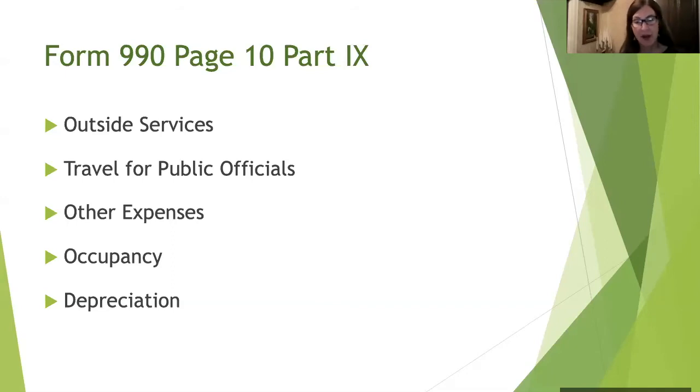They care if you've paid travel expenses for any public officials. And then occupancy, which is your rent, your housekeeping, your utilities, and your depreciation. So it's all of your expenses. So next.